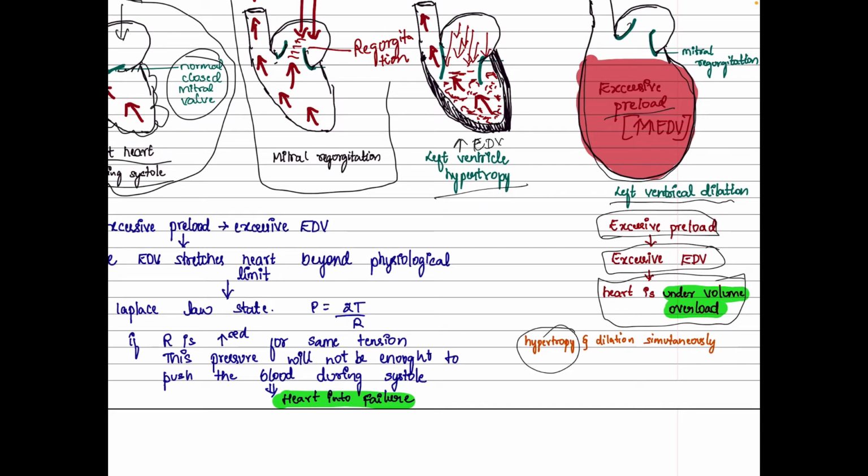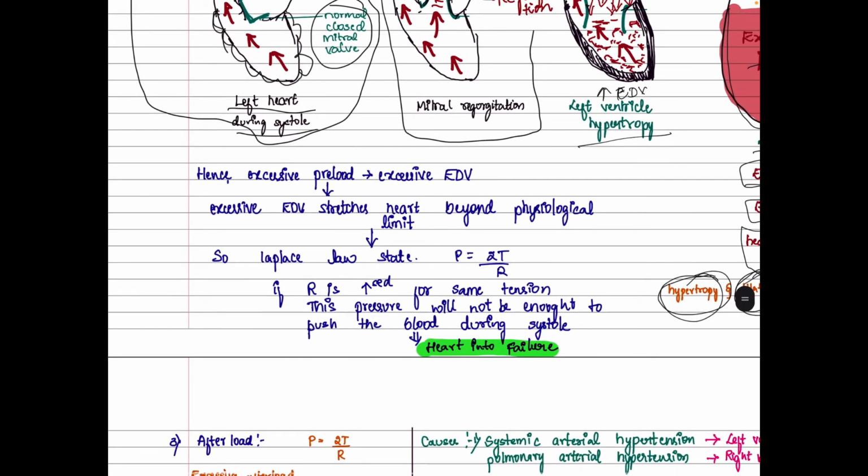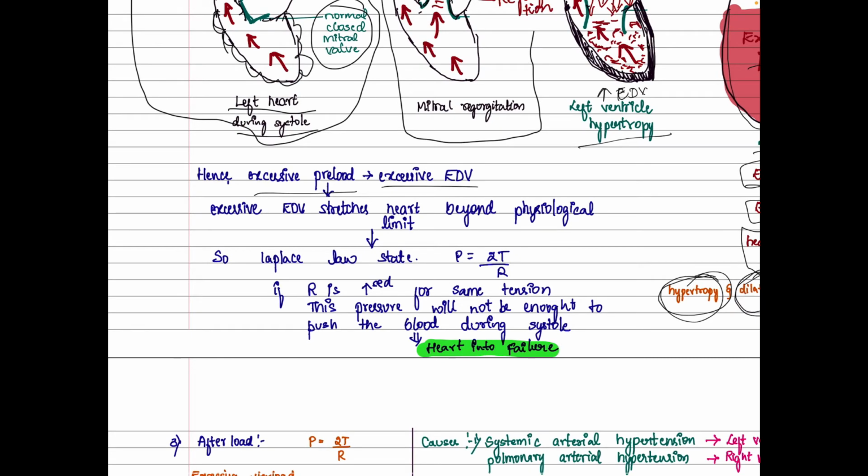During volume overload there will be hypertrophy and dilation simultaneously. Hence excessive preload leads to excessive end diastolic volume, and excessive end diastolic volume stretches beyond the physiological limit.